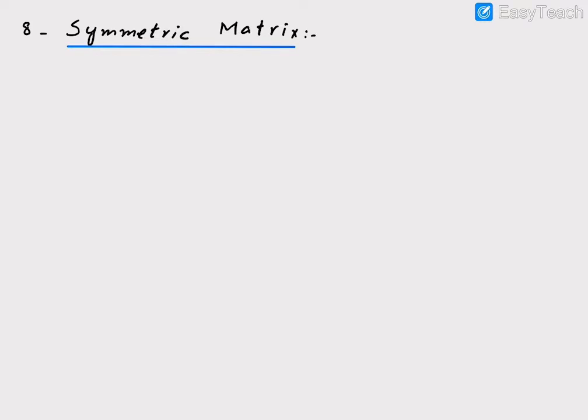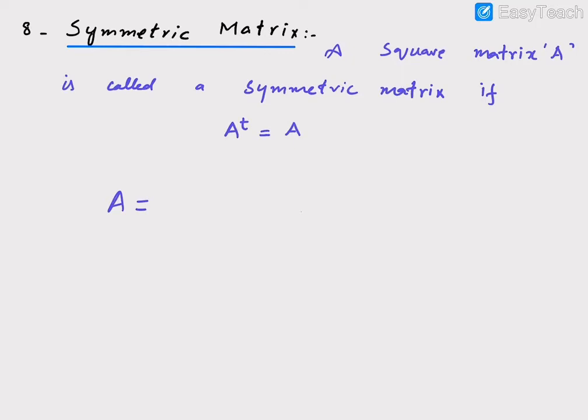So next type is symmetric matrix. A square matrix A is said to be a symmetric matrix if A transpose is equal to A. Means if you take its transpose, then it will be the same matrix A. Let's see example. A is a matrix whose elements are 1, 2, 3. This side also write 1, 2, 3.